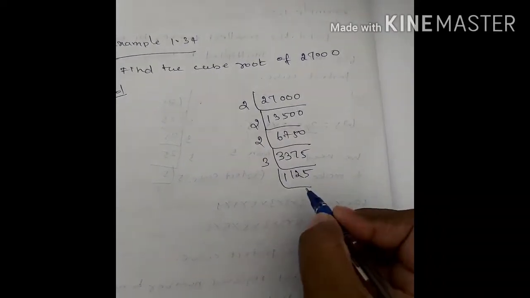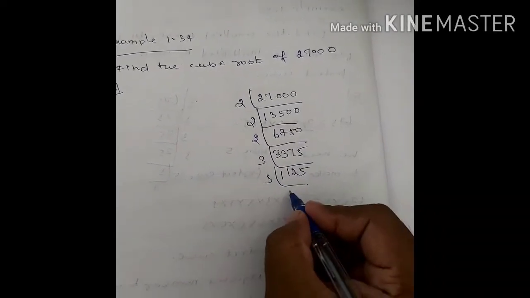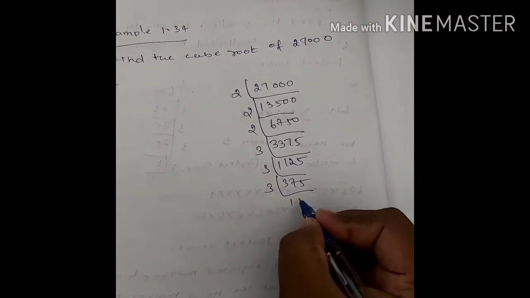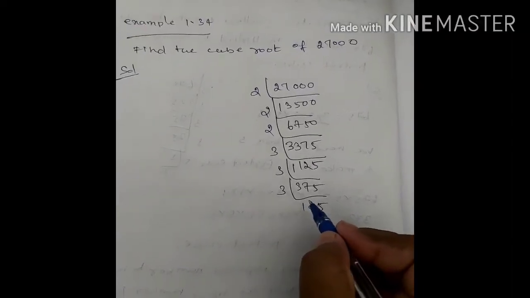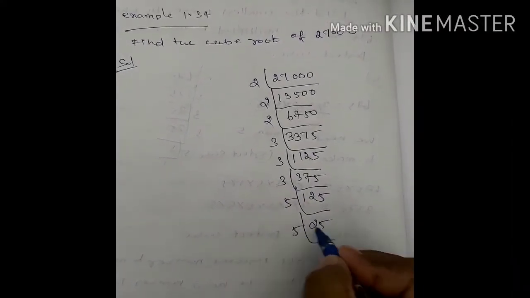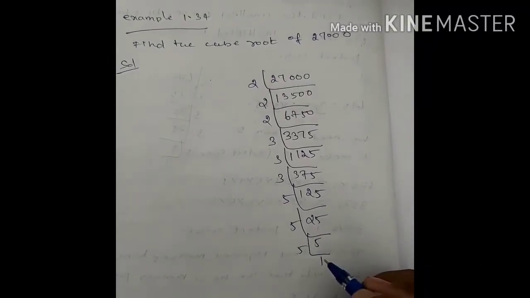Again 1,125 after dividing 3375 by 3, again divide by 3 to get 375, again 125, again 25, again by 5 gives 5, and 5 ones are 5.